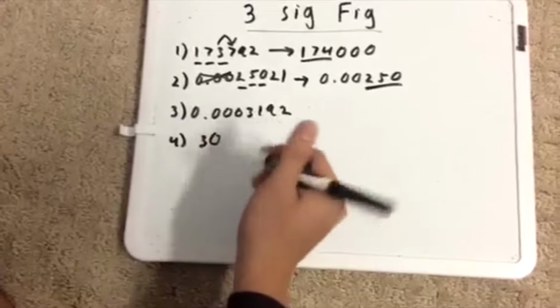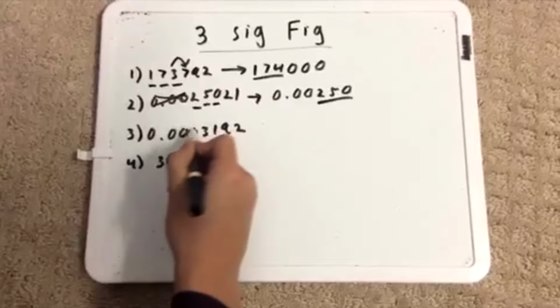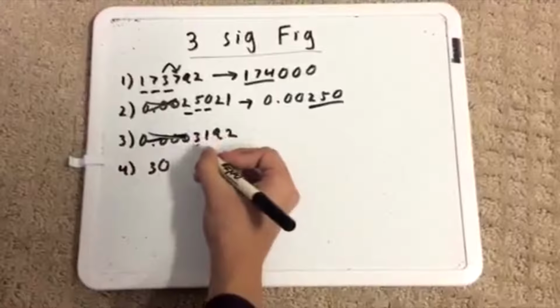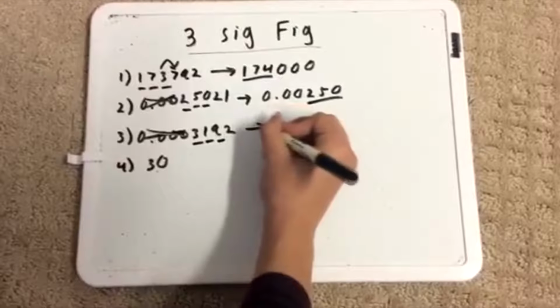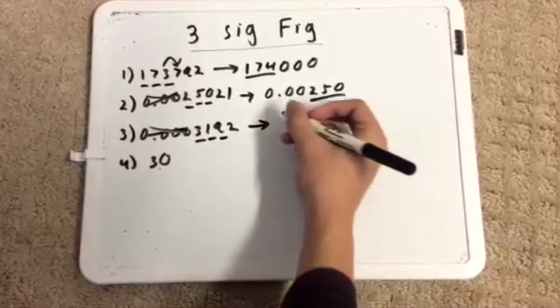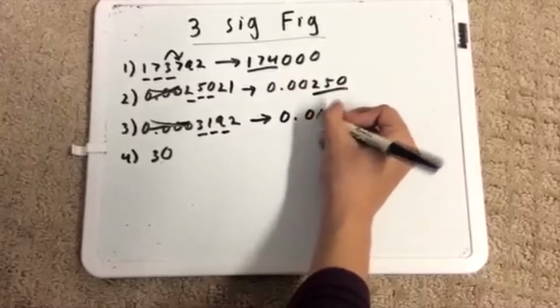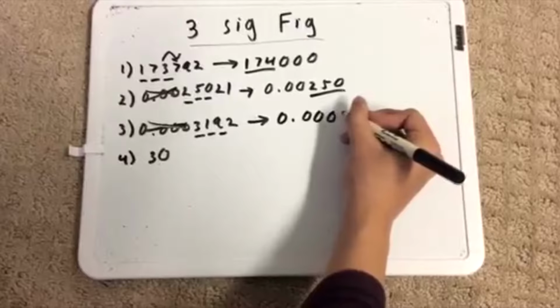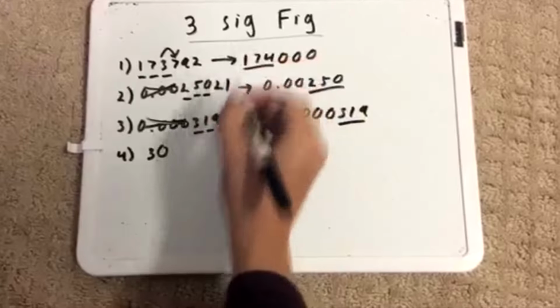For number 3, it would be the same concept as number 2. So, excluding these zeros right here, count 1, 2, 3, and after you round it, it would come out as 0.000319 with 3 significant figures.